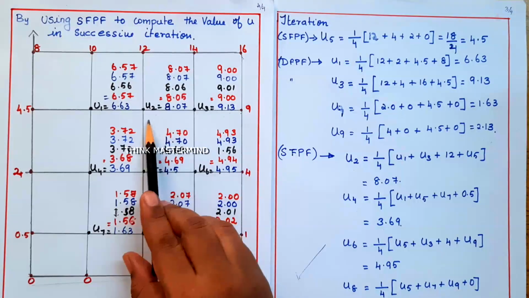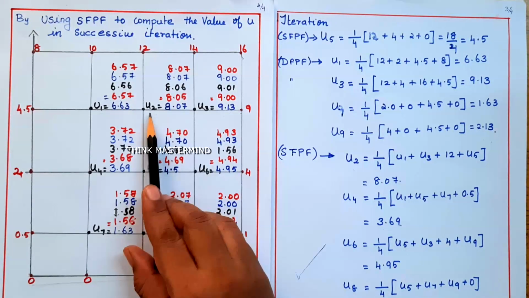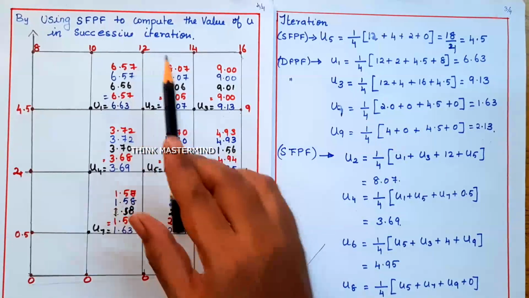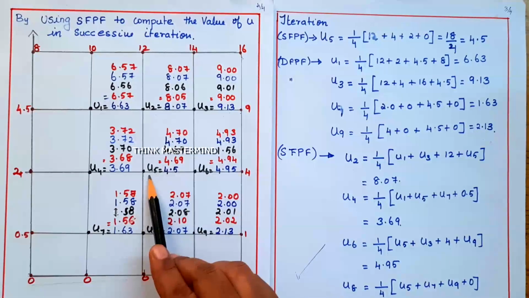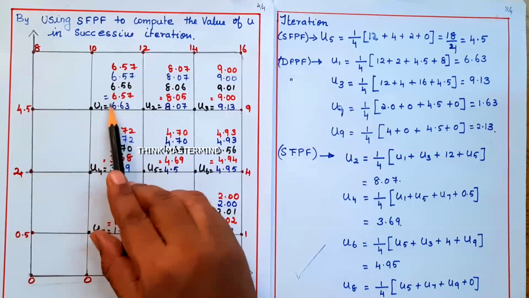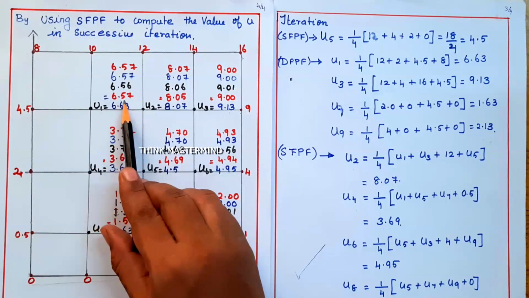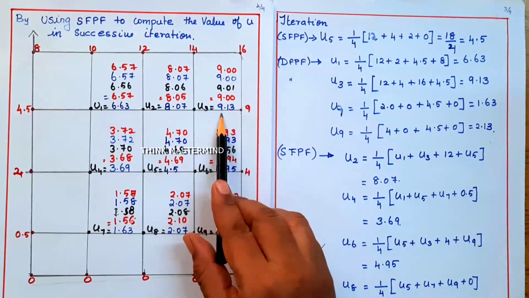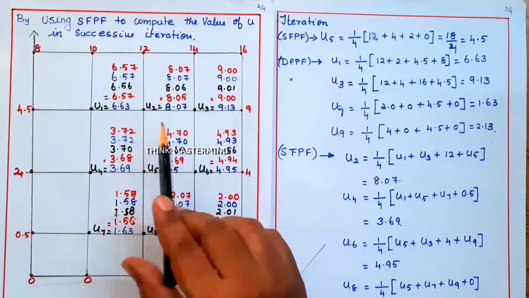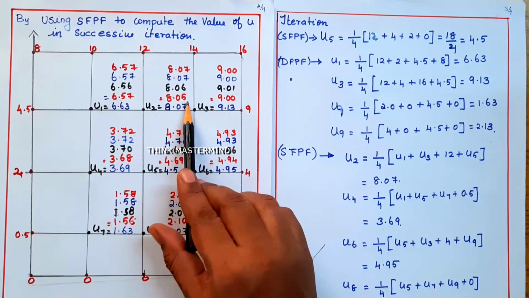To find the u2 value we are using the standard 5-point formula, that is u1 plus 12 plus u3 plus u5. Here notice that we are taking the new value for u1, that is 6.57 plus 9.3 plus 4.5 plus 12, divided by 4, that is 8.05.